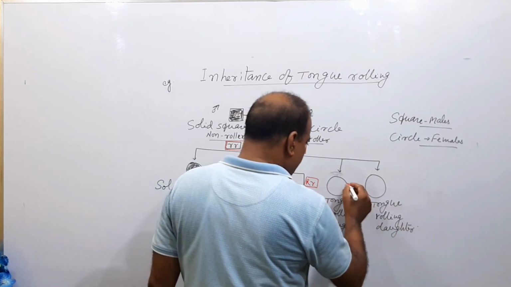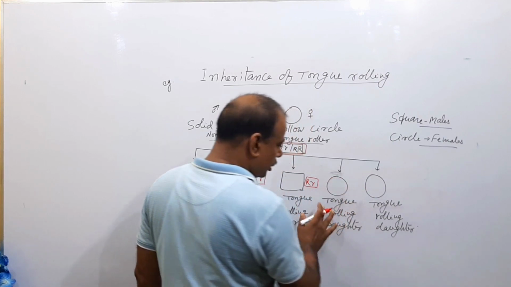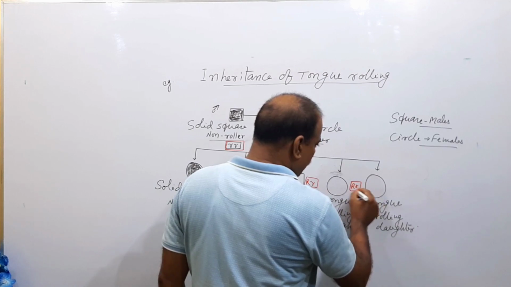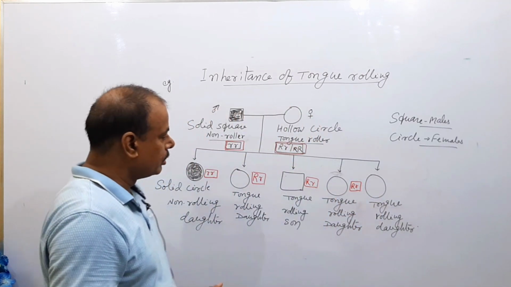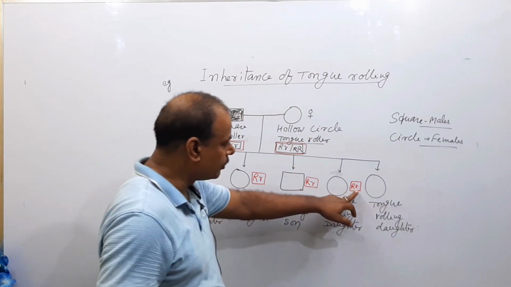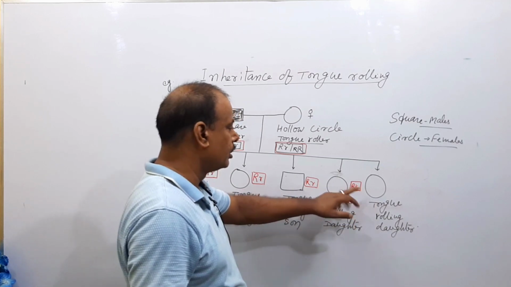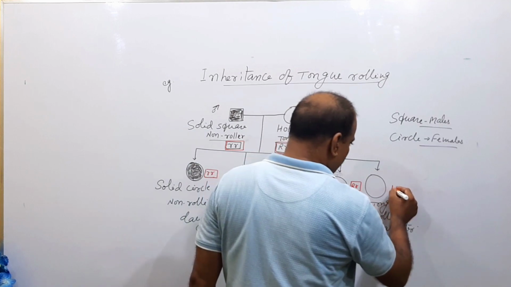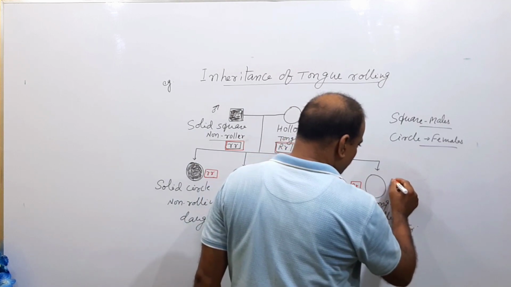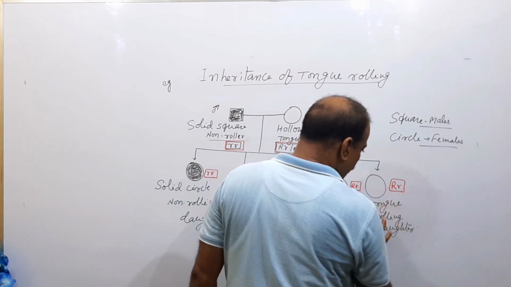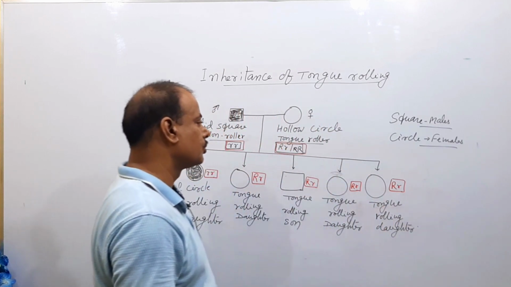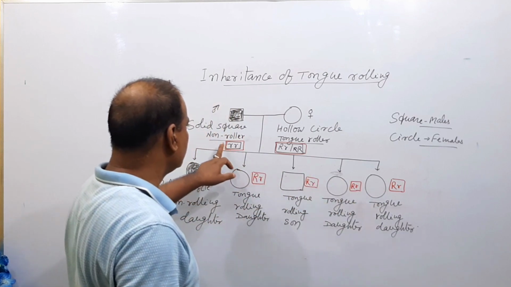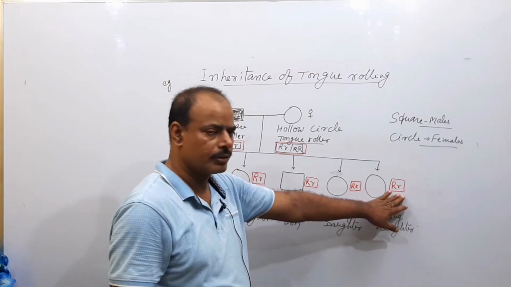And in the next case, here it is the tongue rolling daughter, and once again capital R, small r, means one superruling and the second one is submissive gene or allele present in them. And in the last, the fifth, again it is a tongue rolling daughter. So capital R comes from mother and small r comes from father.